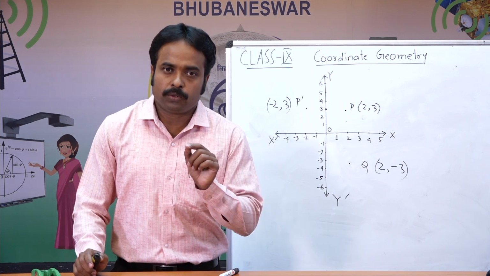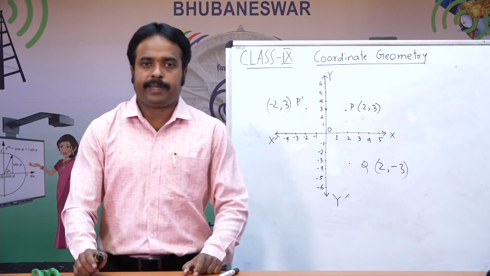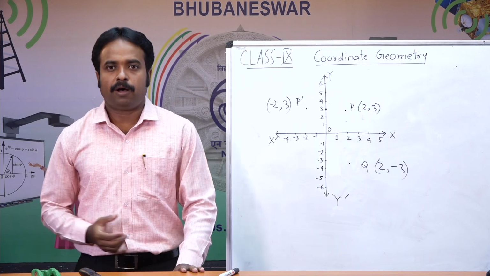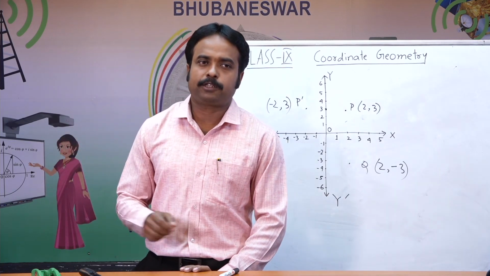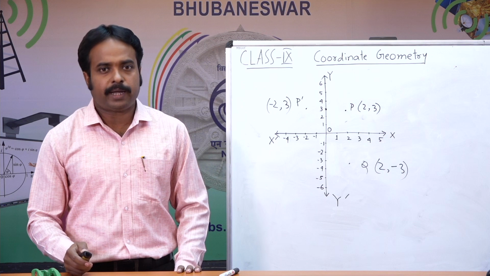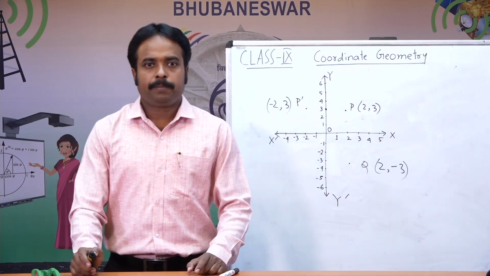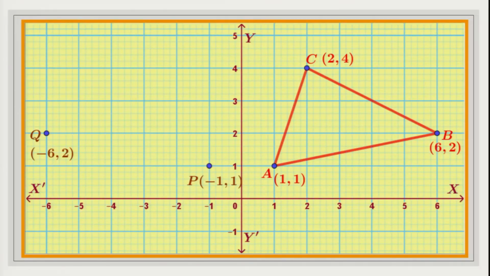So the coordinates of the point A are (1, 1). The coordinates of B are (6, 2), and the coordinates of C are (2, 4). So first we have to find the images of A, B and C with respect to the y-axis. You can find that the image of A is P (-1, 1). The image of B is (-6, 2).